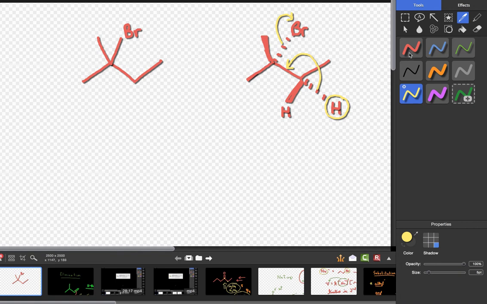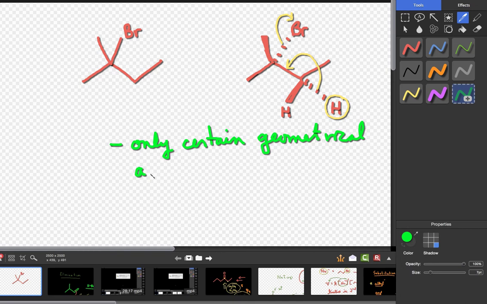The problem that we need to account for is that we know that only certain geometrical arrangements allow the E2 mechanism.